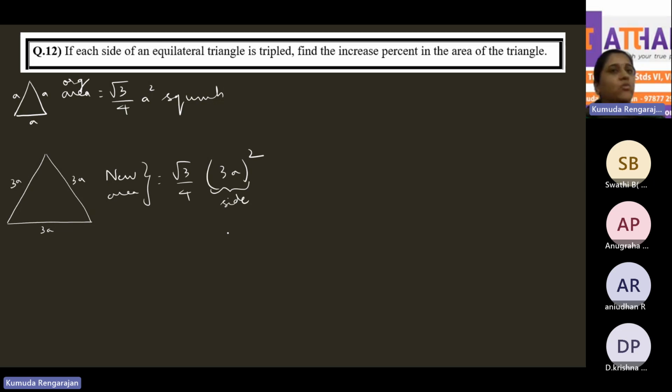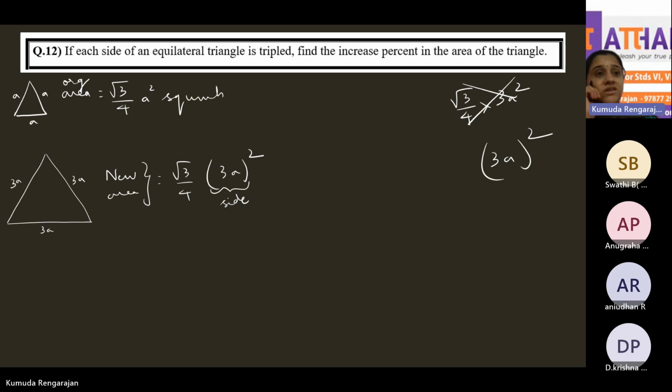Whatever is the side, that entire thing should be squared. Don't write √3/4 into 3a square. This is wrong. The side is 3a, so it is 3a the whole square, not 3a square.